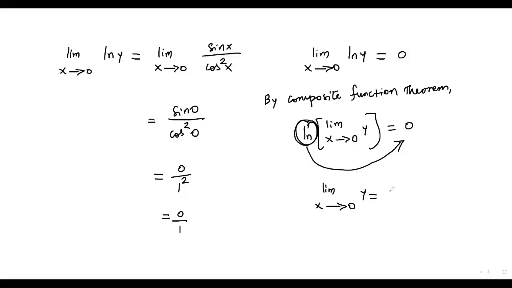We know that the base of the natural logarithm is e, and we take this 0 as the exponent of this e. Whenever I move natural logarithm from one side of the equation to the other, we only consider the base of the natural logarithm. The base is e, and the value which already exists on the other side becomes the exponent of the base e. So we get limit x tends to 0, y equals 1. Let me continue.